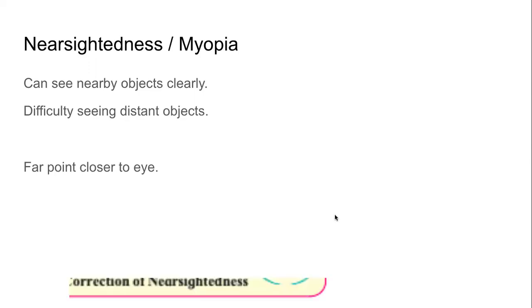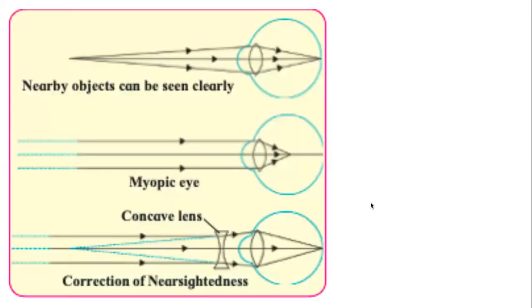Let us understand it with ray diagrams. So no problem with nearby objects. Rays of light are coming, they converge, and the image is formed on the retina. Perfect.